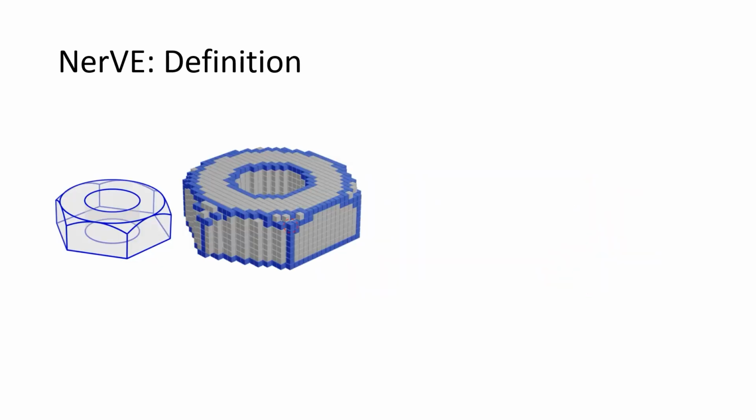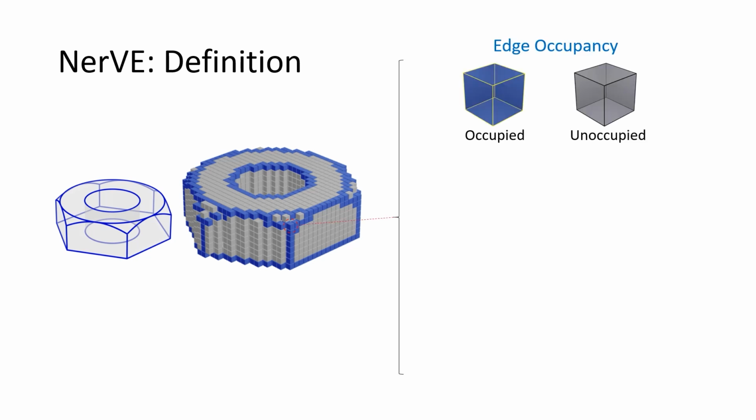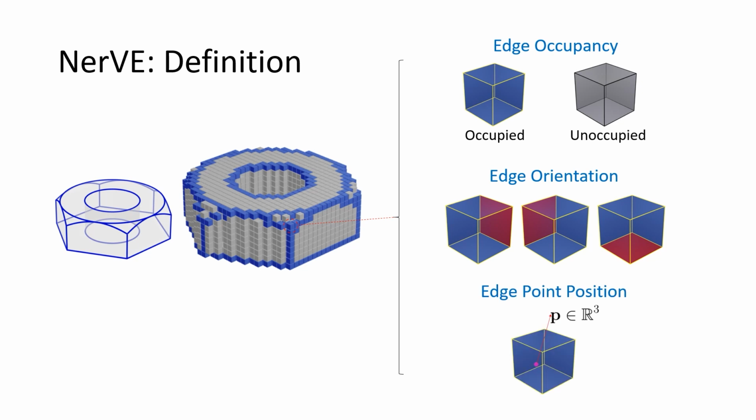We first introduce the definition of NerVE. We define 3 attributes, i.e., edge occupancy, edge orientation, and edge point position in every regular cube grid. For the given curves, a cube is called occupied if it contains part of curves, otherwise unoccupied. In an occupied cube, the edge orientation is defined as 3 binary values on 3 faces.